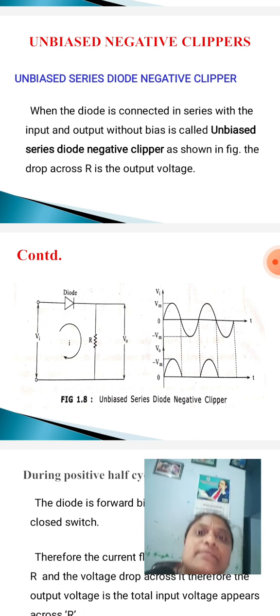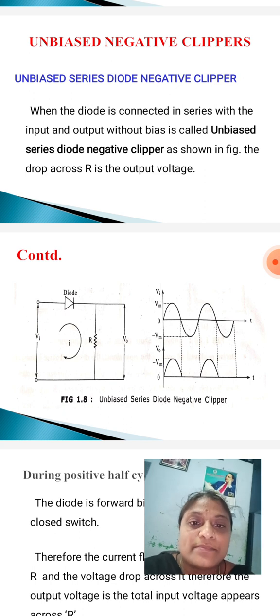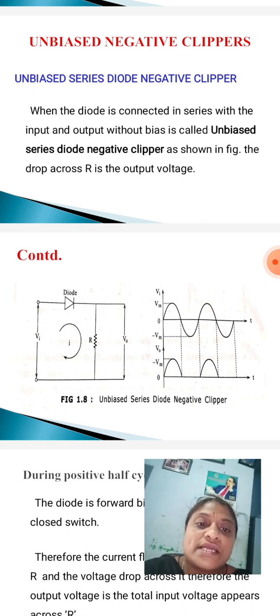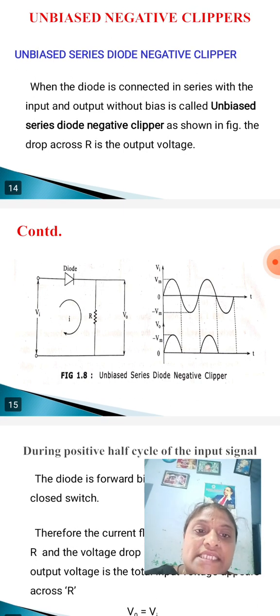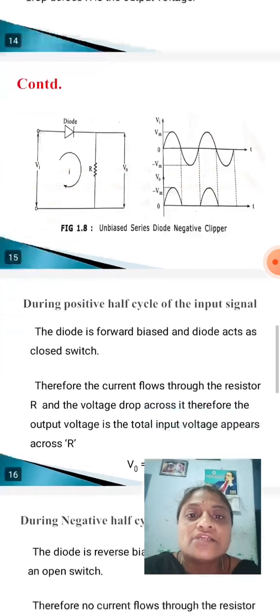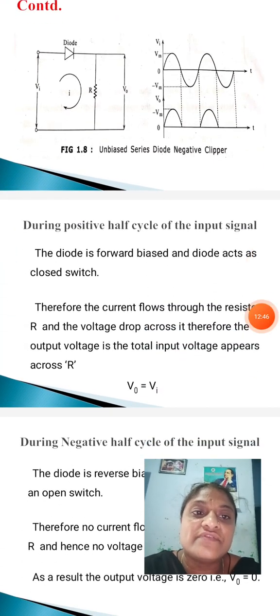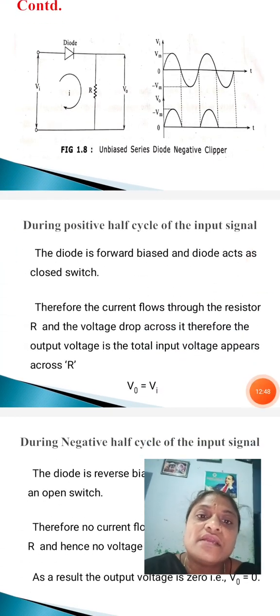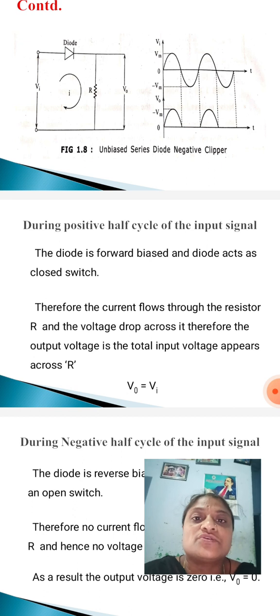See this unbiased series diode negative clipper. This is the circuit diagram and the input and output waveforms. During the positive half cycle of the input signal, observe this diode: the anode is positive and the cathode is negative.